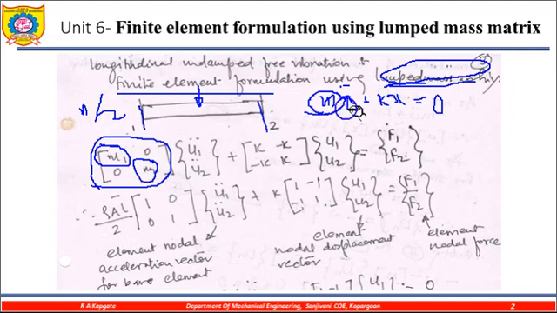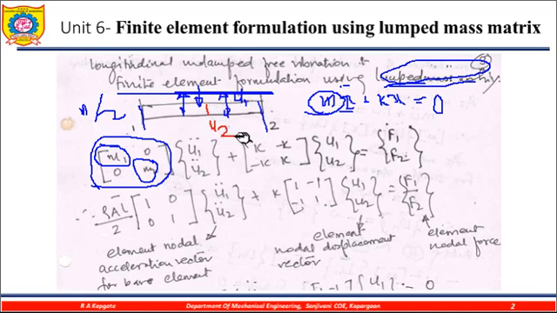So the mass matrix multiplied by x double dot means what? That is d square x divided by dt square. So if this is vibrated in this way, let us take the displacement at the upper node as u1 and at the lower node as u2.